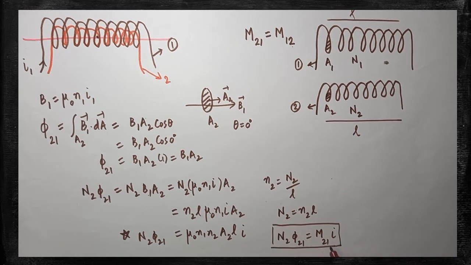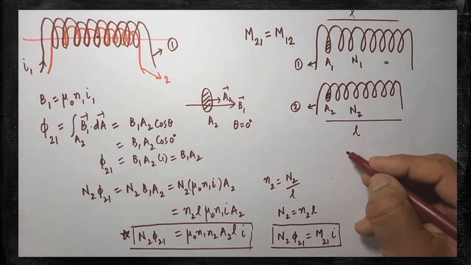This one was already derived in the initial introductory part of mutual inductance. This is another important equation which is derived here. So how many equations are there? Two equations are there. Look at the LHS of both equations. In the LHS, N2 φ21 is here. Here also N2 φ21 is there. So therefore we can equate both the RHS parts. I will write it here.